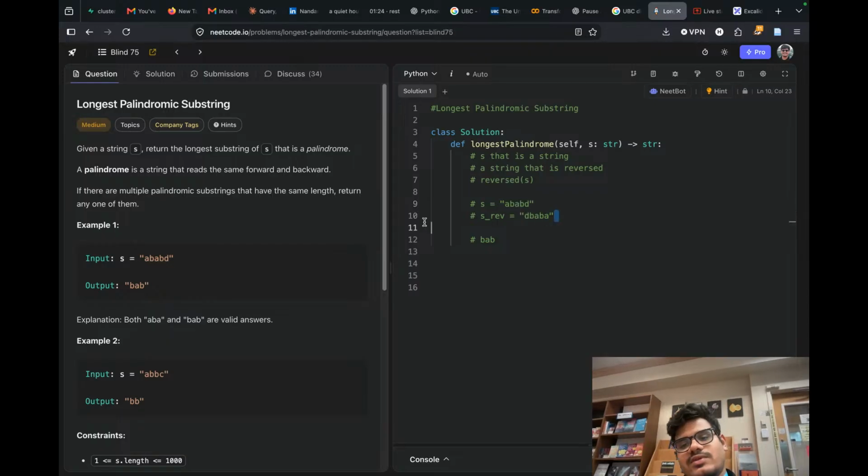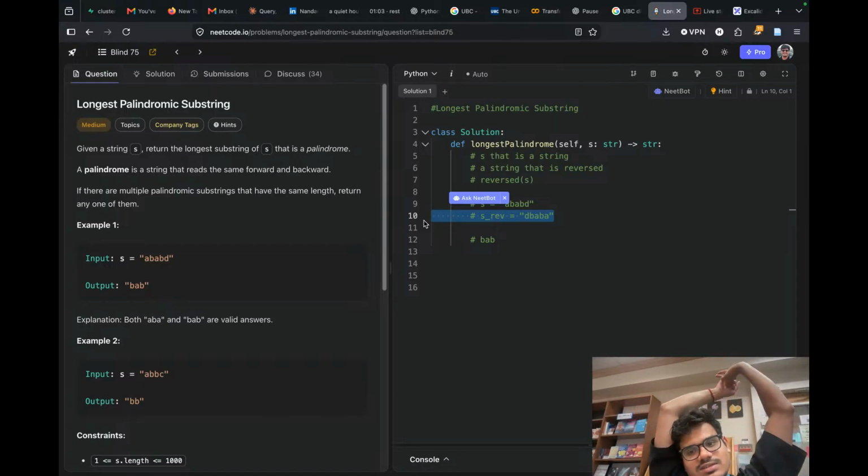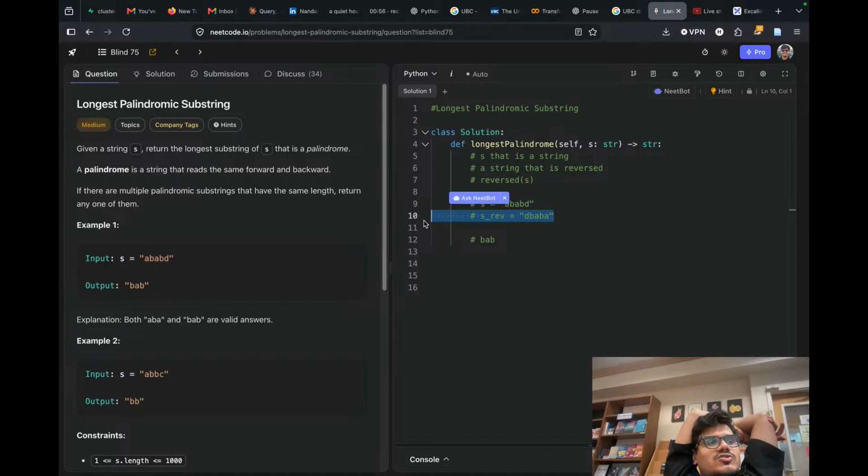So basically, when you reverse the string, your largest common subsequence will actually be your largest common palindrome, because when you're taking the subsequence, you'll be taking only those values that align from both sides, because this side is reversed. So since the other string is reversed, when you find the longest common subsequence, that will for sure be palindromic.